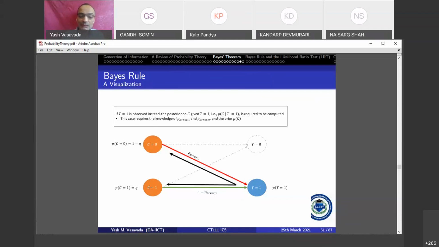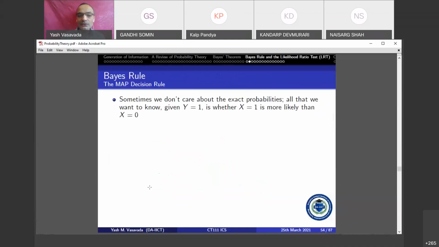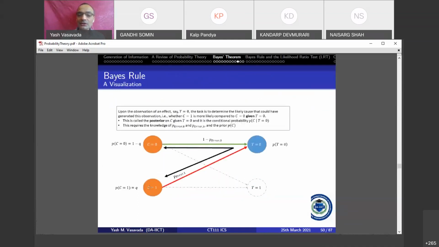And so you're worried that maybe you have the disease. Whereas if you consider this situation that you went and took the test and the result came out negative, you start celebrating because now the PMF suddenly changed completely. Instead of a lot of probability mass getting concentrated in your mind at C equal to 1, now the probability mass in your mind is now concentrated at C equal to 0.